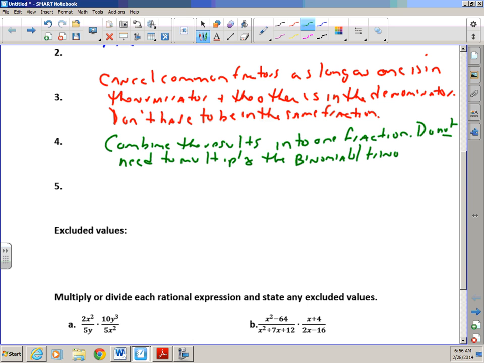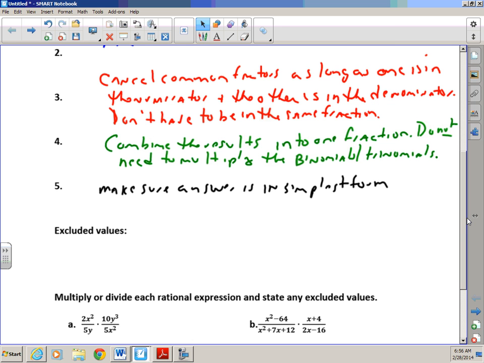Now, if you do, it's not incorrect, but if you multiply incorrectly, then you're going to lose credit. Last thing, make sure your answer is in simplest form.